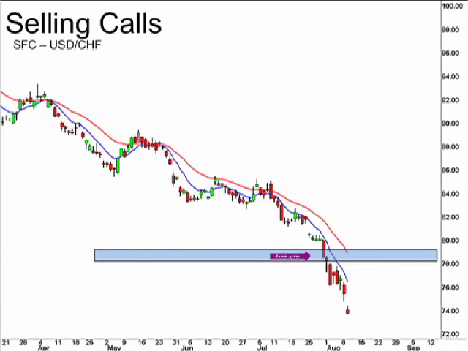We may get a little bit of a snapback, but in that regard, with the trend being down, I want to sell some call options up at a higher strike price and capture some premium in the event that the SFC either continues down or just decides to consolidate within the zone over the next little while. And of course, if that's all it does, as long as it's below 78 on the expiration date at settlement, then those calls expire worthless.